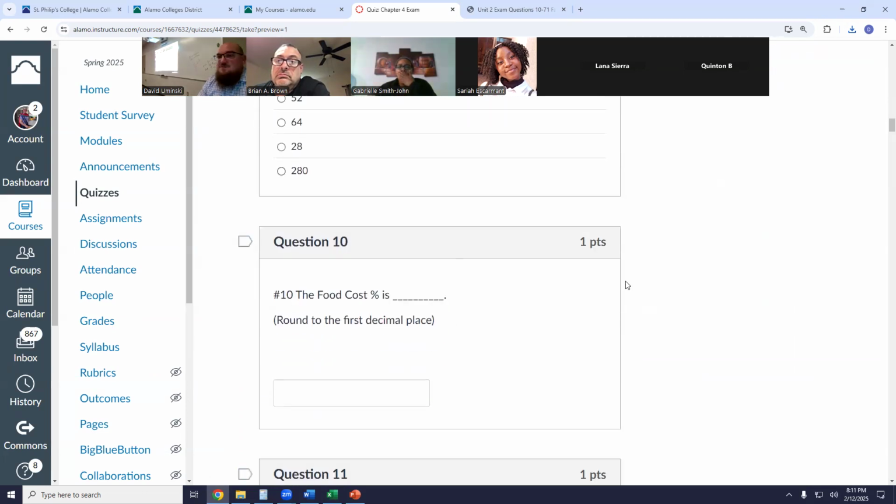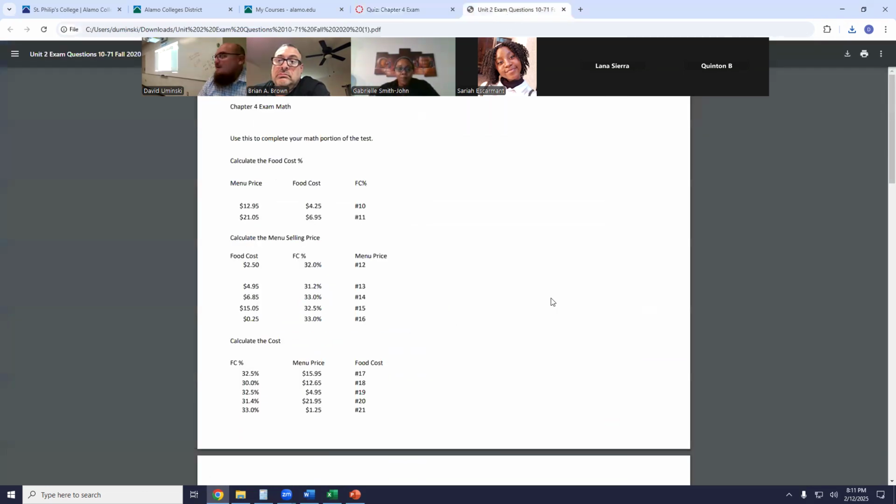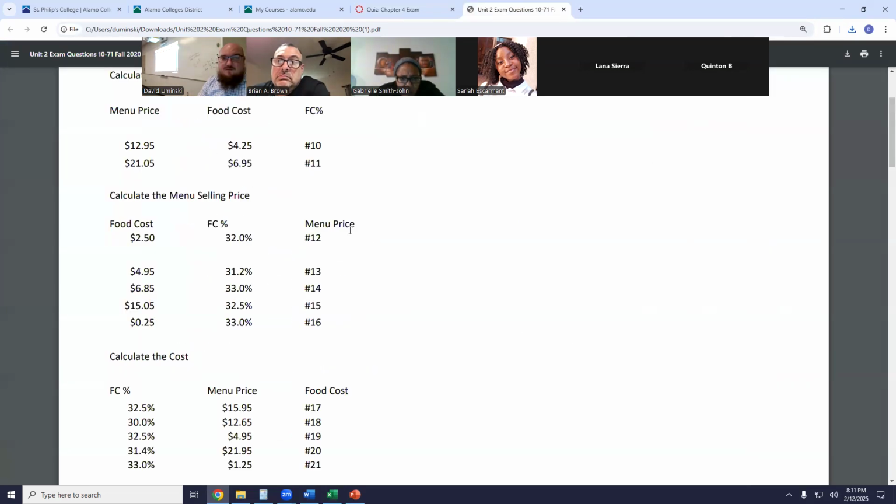Question 10 is where we pick up on the document. So you can see here, question 10, 11, 12, 13. I've numbered them. So again, if you want to print this out, write your answers down, then you can just go to the quiz and type in your answers. Questions 10 through 21.